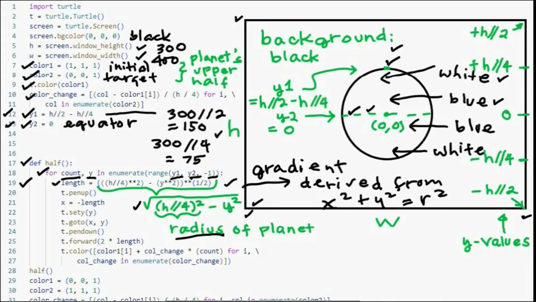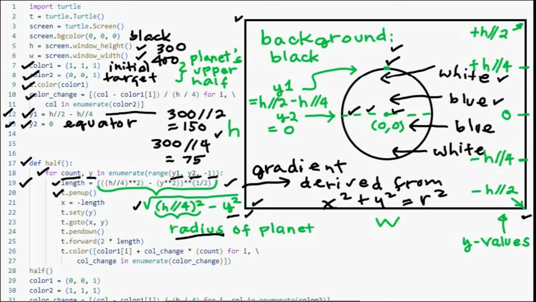And yes, the y is in the equation of the circle formula. Once we have defined the length here, I put the pen up because at this point my turtle is at 0, 0. I'm checking on that on the right side of the screen.